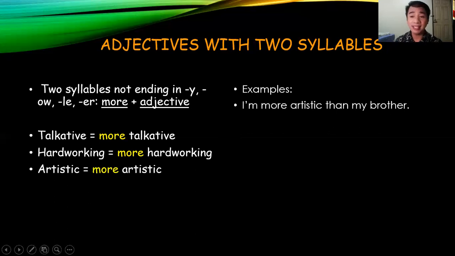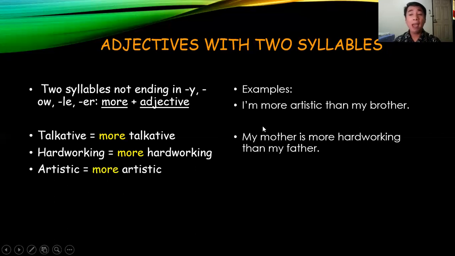I'm more artistic than my brother. Okay, do not forget the preposition or conjunction than to compare to a person. So I'm more artistic than my brother. You can say, my mother is more hardworking than my father.